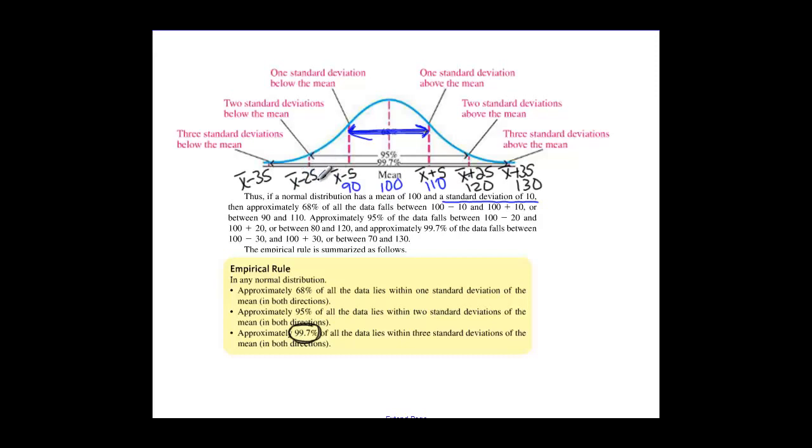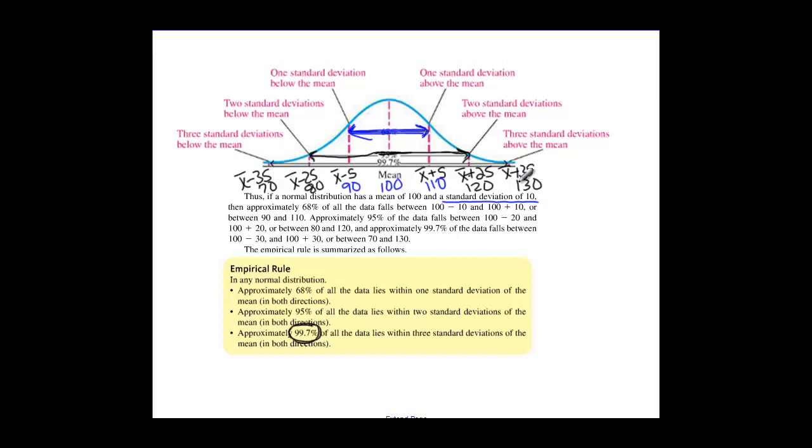So that would be 100 minus 20 is 80, and this would be 70. So we would say that from our chart, 95% of the data would fall between 80 and 120, and then 99.7% of my data would fall between 70 and 130.